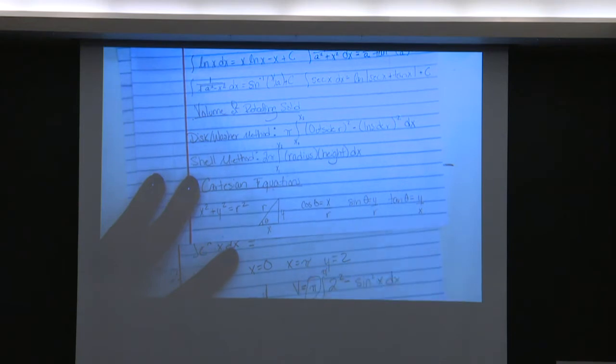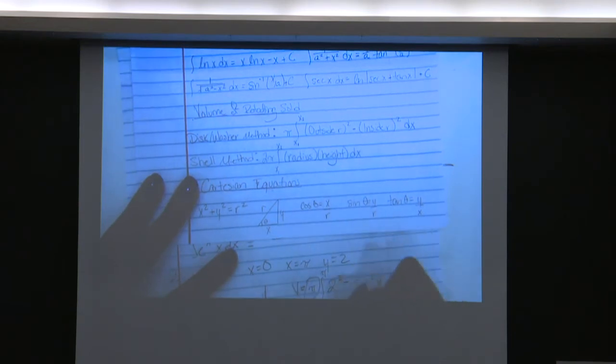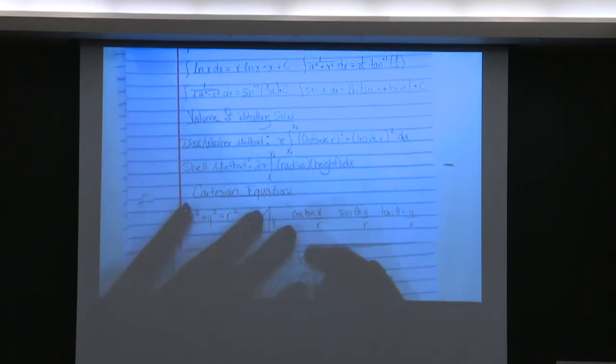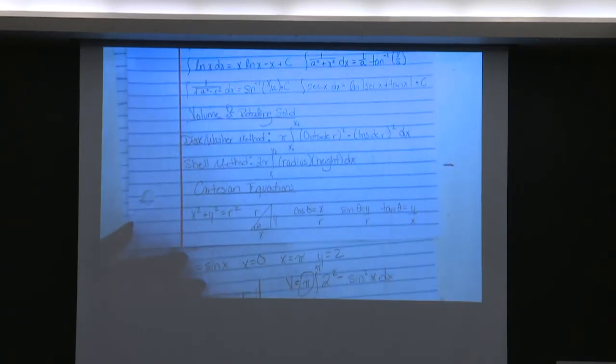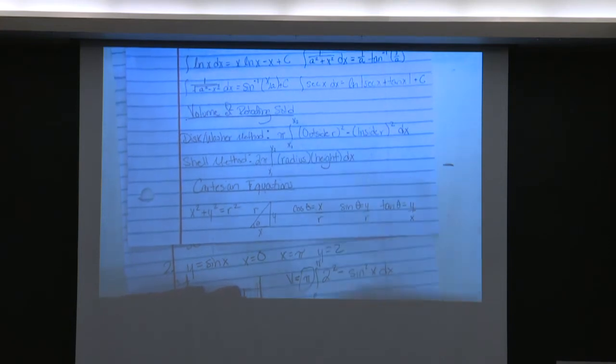So that's my integral from 0 to pi. All this is going to be times pi. And then minus 1/2 minus cosine 2x dx.